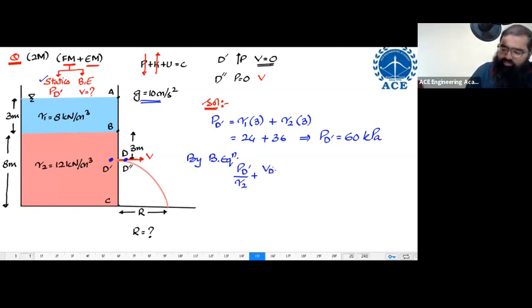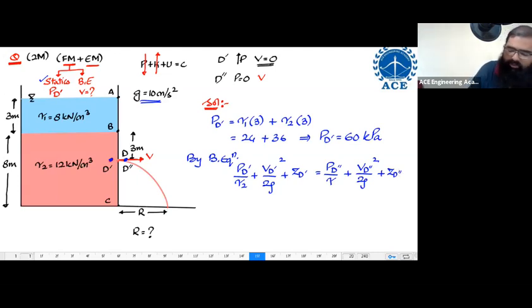Plus VD prime square divided by 2G plus ZD prime has to be equal to, outside you are having a point, let us say PD double prime by gamma plus VD double prime square divided by 2G plus ZD double prime.